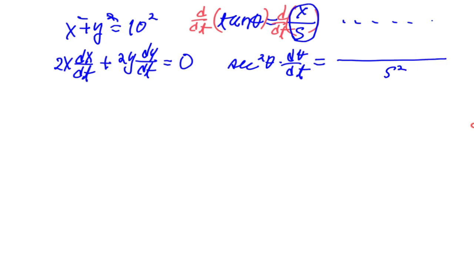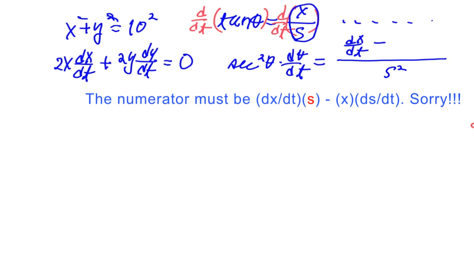And now the derivative of x will be 1, but don't forget dx/dt, minus x times the derivative of s, which will be 1, but again, don't forget ds/dt, right? In any situation, if you are given one or more rates, we can find other unknown rates using this differential equation. Is it okay?